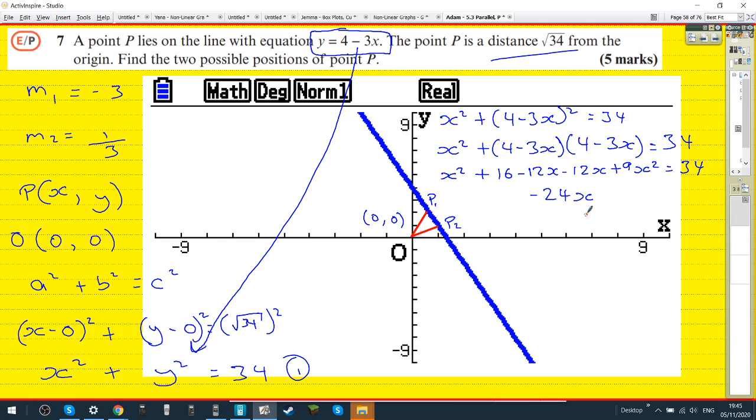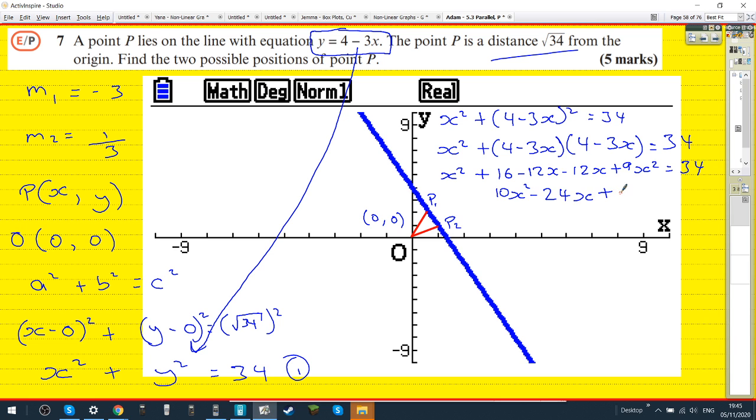And don't forget we had 1x squared at the start. So can you simplify x squared and 9x squared? Yep, which gives you 10x squared.